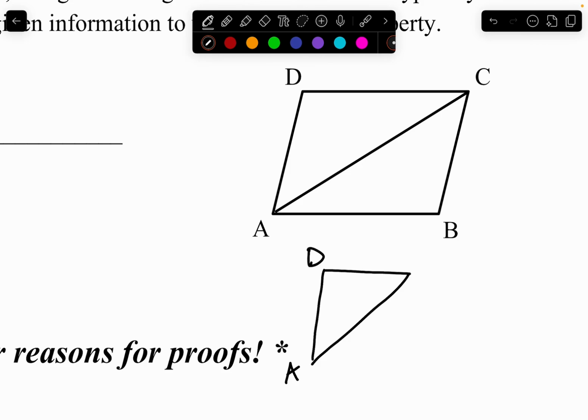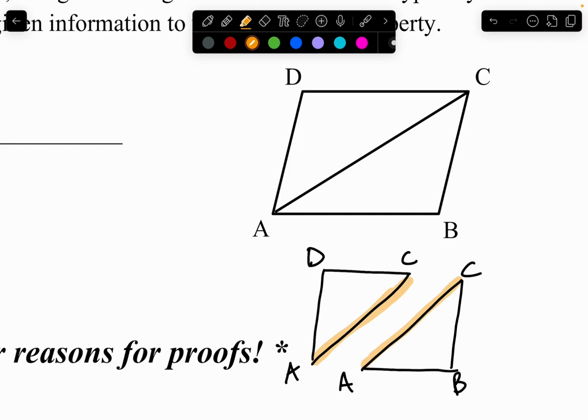So this is triangle ADC, and then I can split it, and this is triangle ABC. But do we see that AC exists in both of these triangles? Okay. What they've done is they've taken those two triangles and just shoved them together. So both triangles are still sharing this side, but remember that our whole goal with proofs is to find congruent parts.